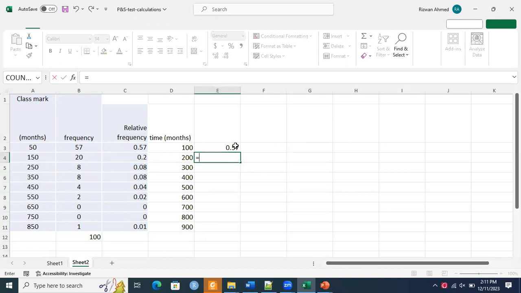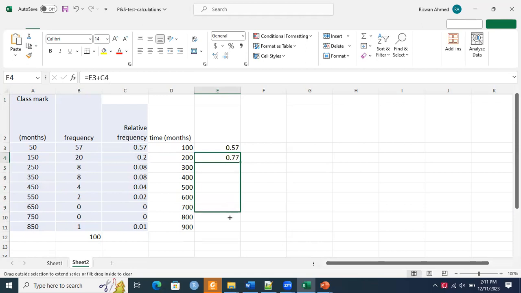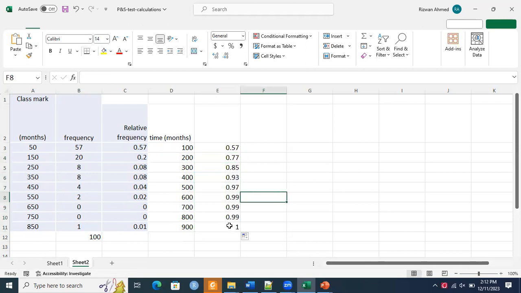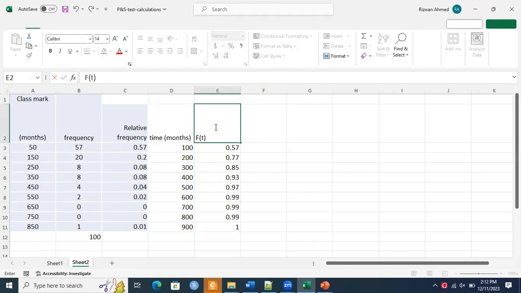So this will be the upper value plus the relative frequency here. So that is the probability. And this probability is going to saturate. It saturates at 1. This is the cumulative distribution function.